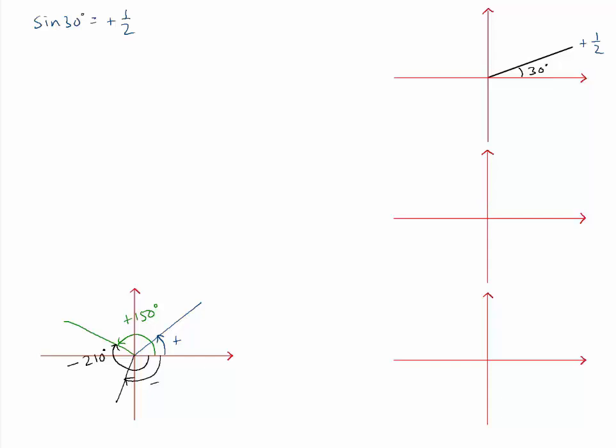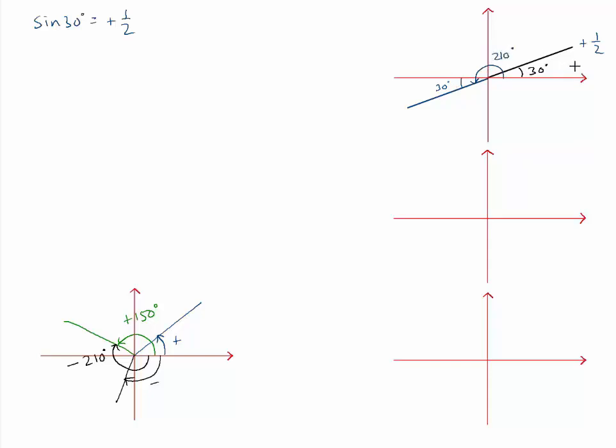Now let's draw another line from the origin which is directly opposite to that line. If this is 30 degrees, this would also be 30 degrees. However, since we measure the angle in the anti-clockwise direction, this angle would finally become 180 degrees plus 30 degrees, so that would be plus 210 degrees.